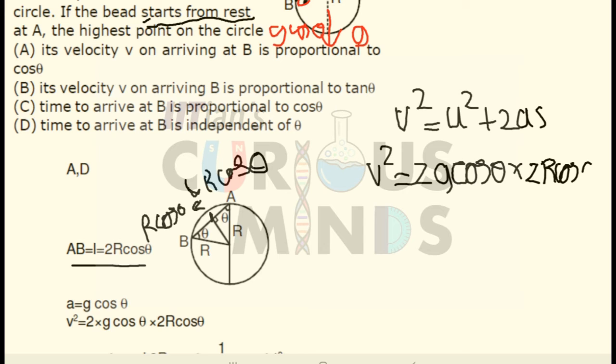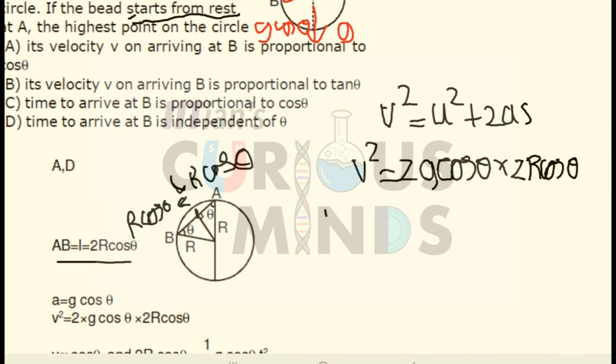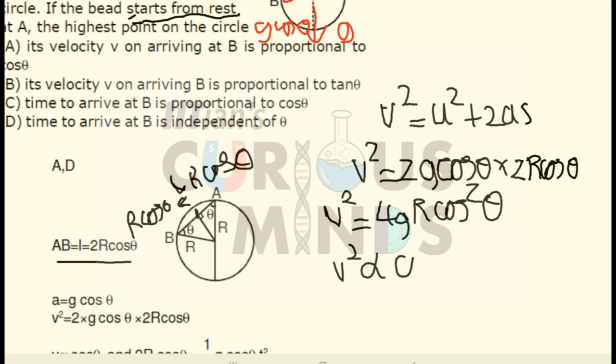The acceleration is g cos theta and the displacement is 2R cos theta, so v squared will be equal to 4gR cos squared theta. v squared is directly proportional to cos squared theta. Taking the root on both sides, v is directly proportional to cos theta. So the velocity is proportional to cos theta.